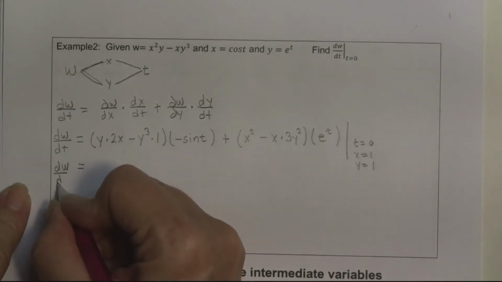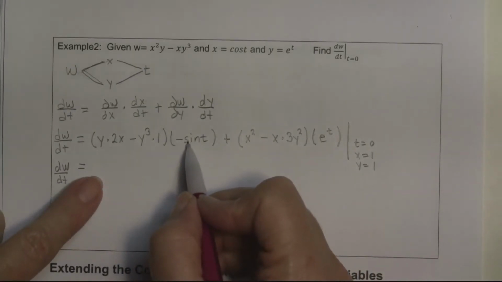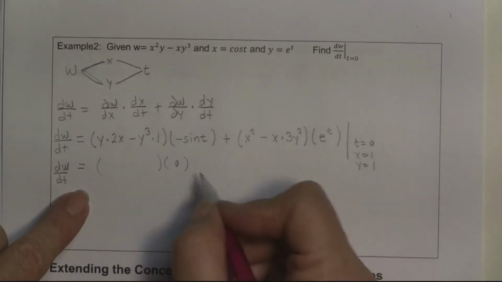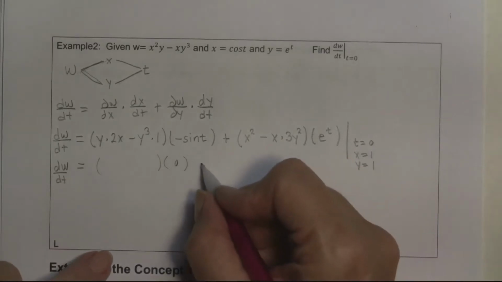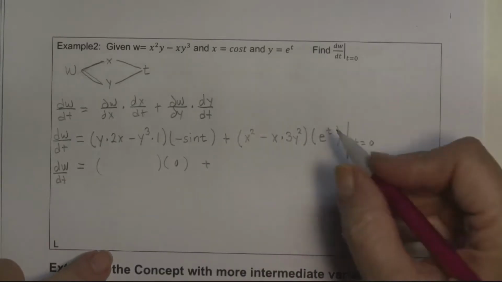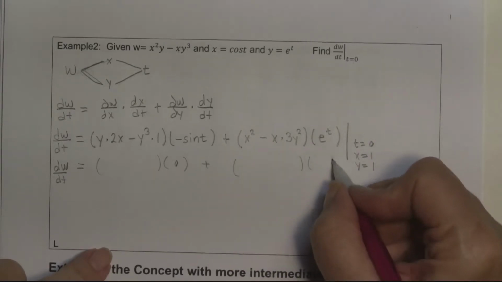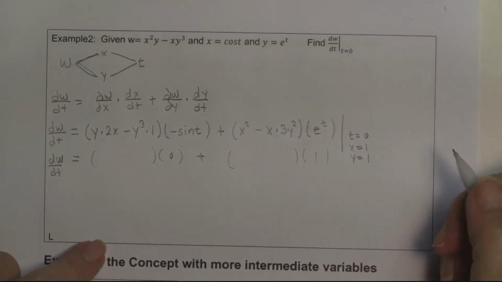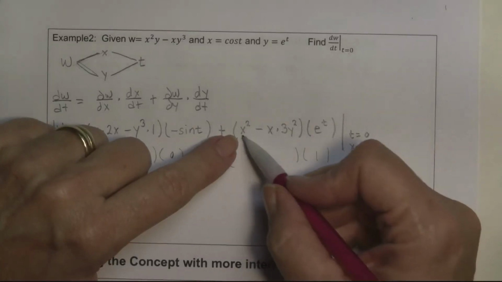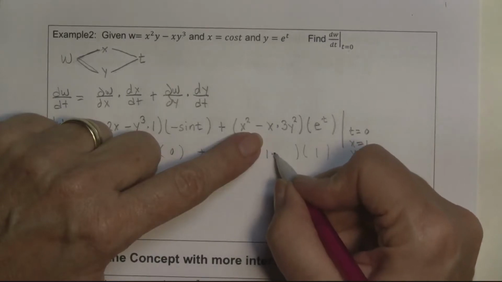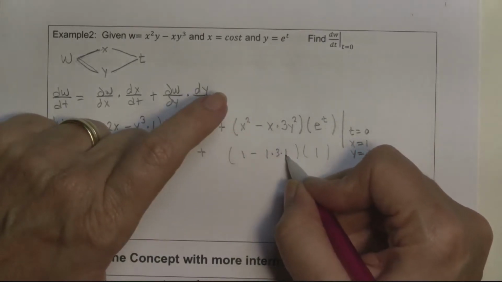So now, when we plug this stuff in, dw/dt, right? This part, remember, it didn't matter what it was because this was 0, and so I'm not even going to go figure it out. But this stuff does matter because this was 1. And so we'll put those things in. So here we get 1 minus 1 times 3 times 1 squared, right?